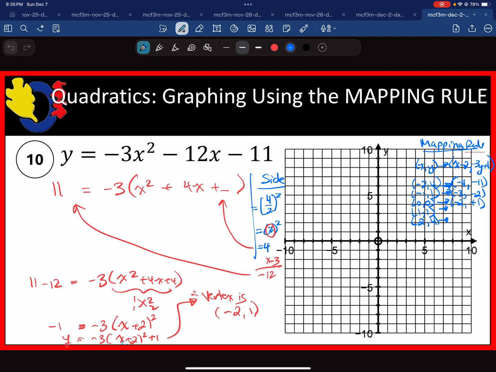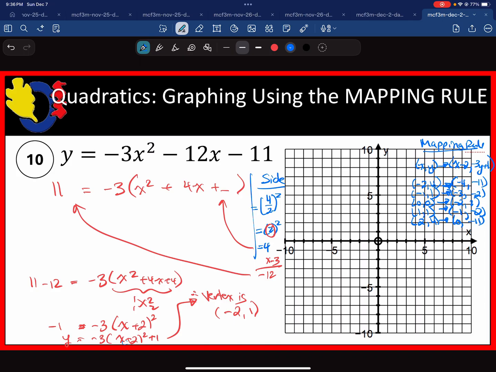I don't need to put the plus. So negative 2, 1. Then we're going to get 1 minus 2, so that's negative 1. 1 times negative 3 is negative 3 plus 1, so negative 2. And last but not least, we get 0, and negative 12 plus 1 is negative 11.